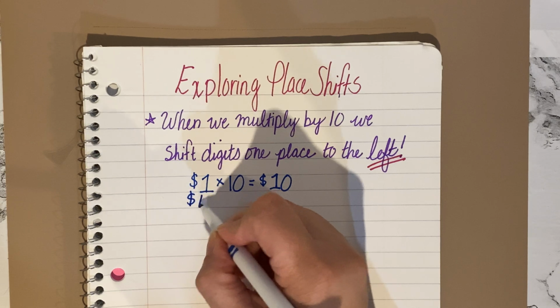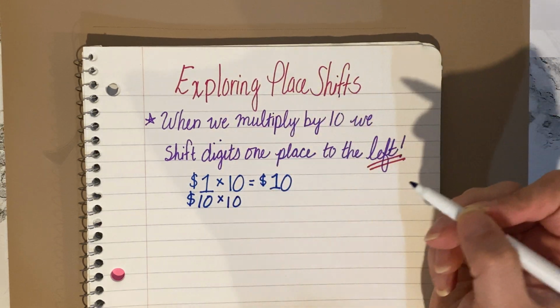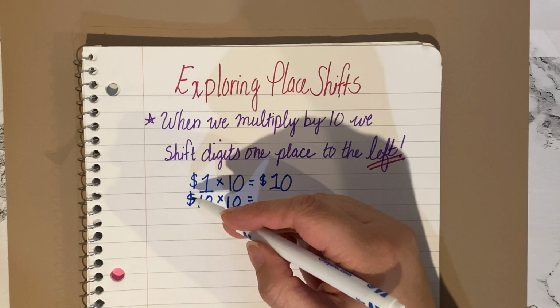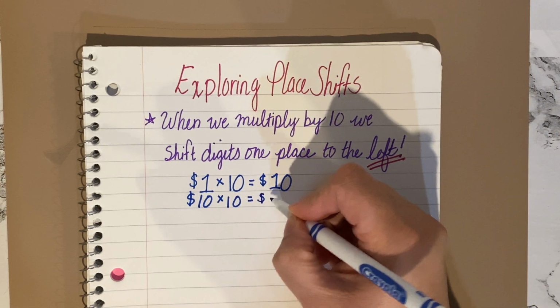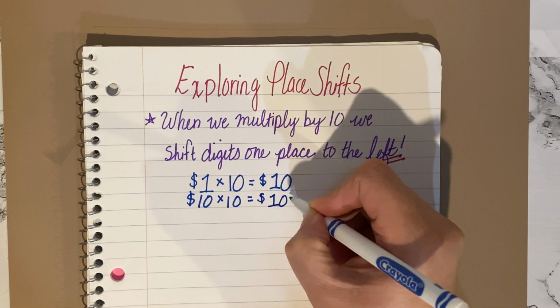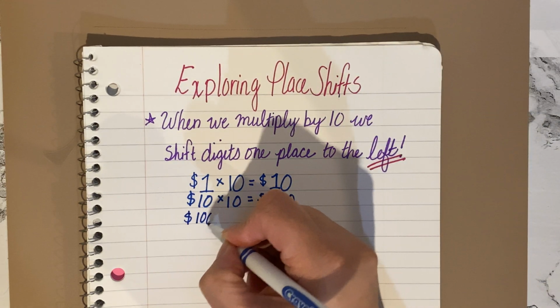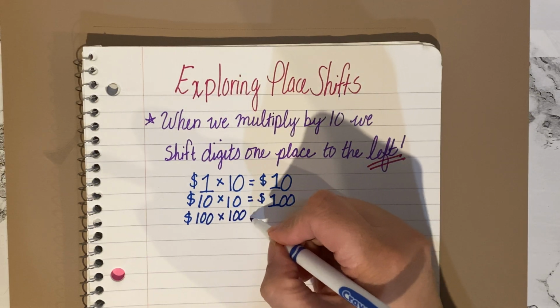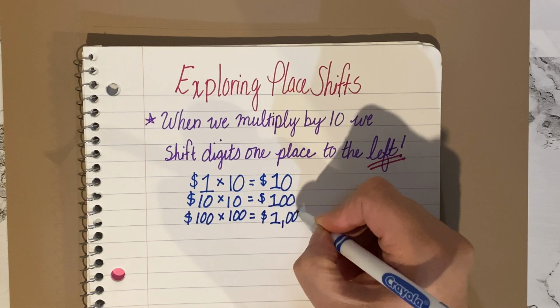Let's say you have $10 and you multiply that by 10. I'm going to take that 1 and shift it one place to the left along with that 0. So I am going to end up with $100. If I have $100 and I multiply that times 10 again, I will have $1,000.